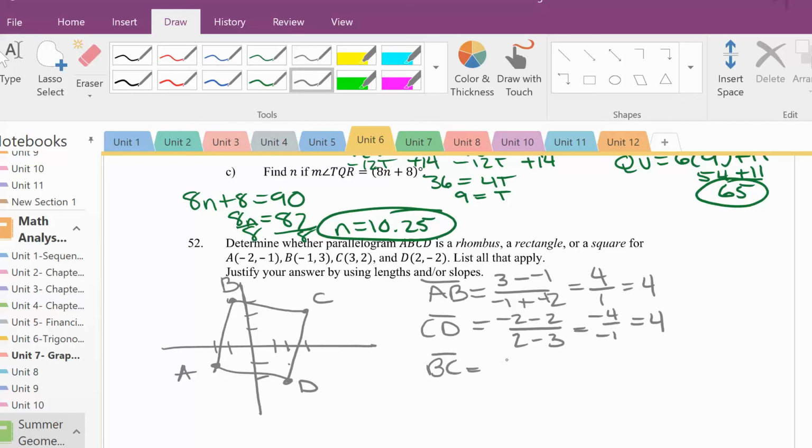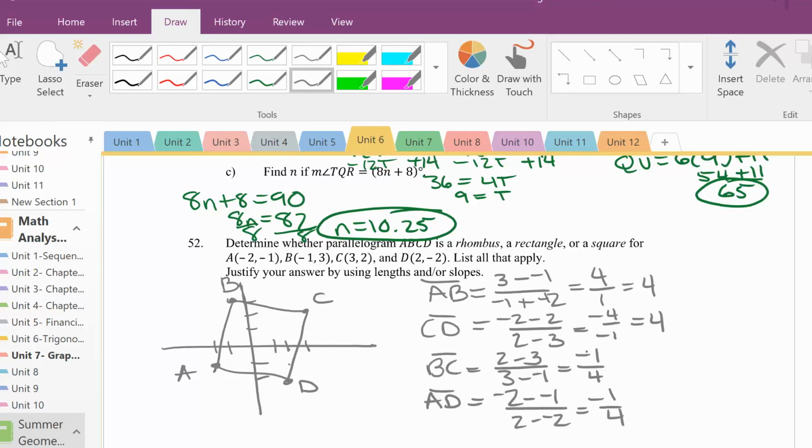So BC is 2 minus 3 over 3 minus -1. So it's -1/4. And then AD is also -2 minus -1 over 2 minus -2. So it's -1/4.